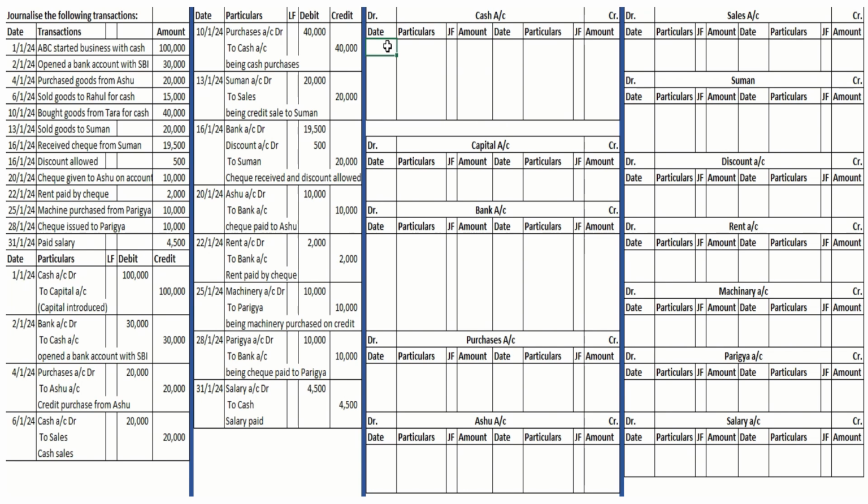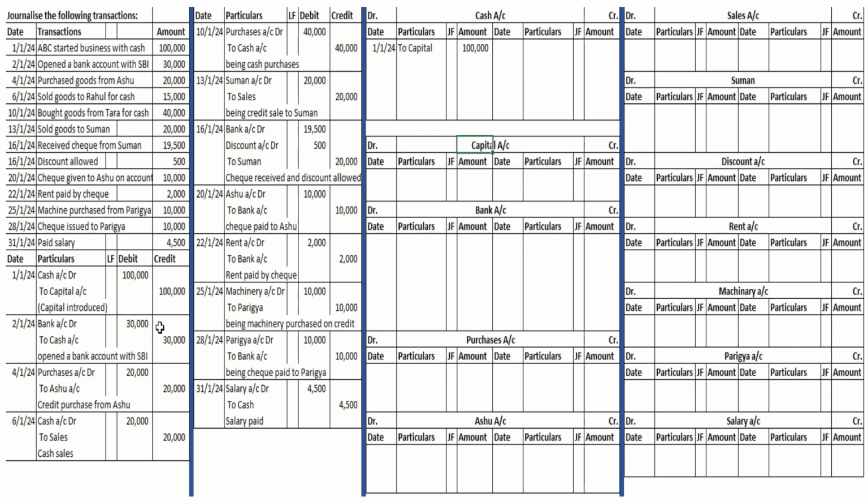First we have to put the date, which is 1st Jan 2024. Then the detail: the cash account is getting increased by capital. So the second aspect, to capital, amount is 100,000. So the first aspect is recorded in the first account. Obviously the second account is the capital account.